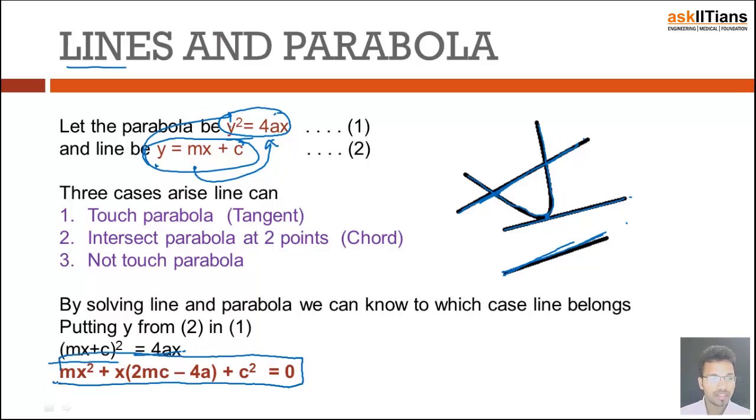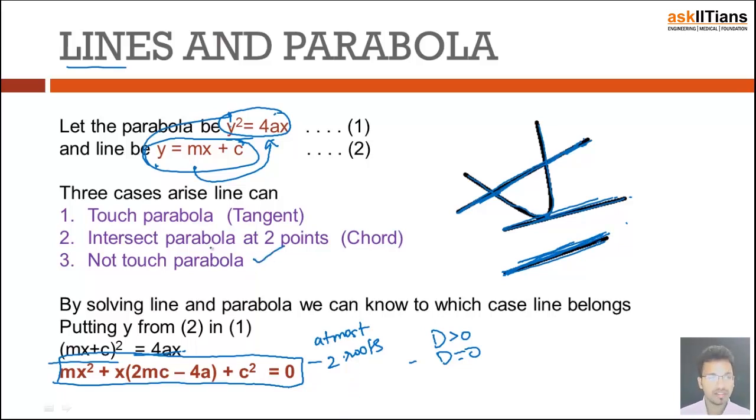Now at most it can have two roots, which means if we put D greater than 0, we will get the condition for this. If we put it equal to 0, we will have the condition of tangency, only one root, and D less than 0, we will have no touching, this third case.